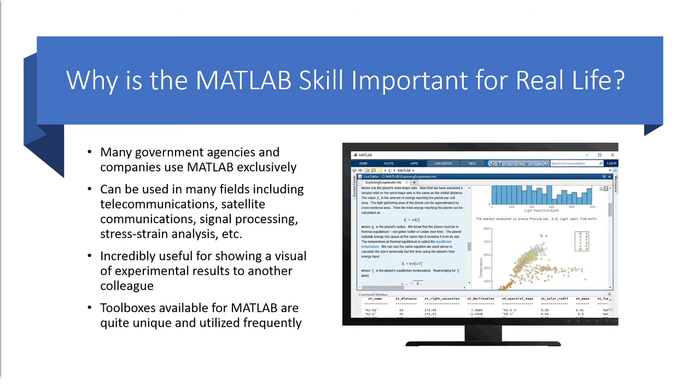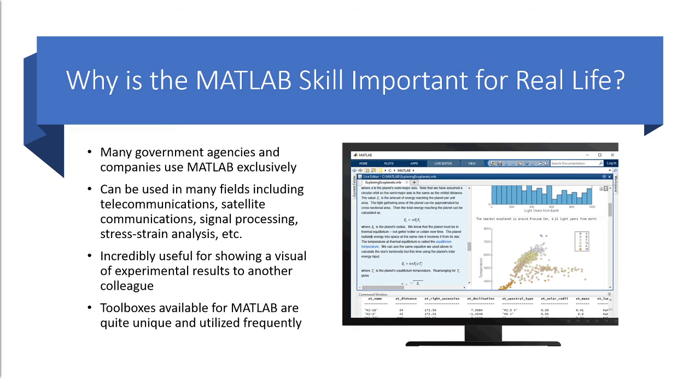So in that same interview with the TA that I mentioned on the previous slide, we also talked about his own professional experiences with MATLAB, and he mentioned to me that there are many government agencies and companies that use MATLAB exclusively. They will buy hundreds or sometimes thousands of licenses and have the intent of having basically every employee who needs to use some MATLAB-like program to just use MATLAB.